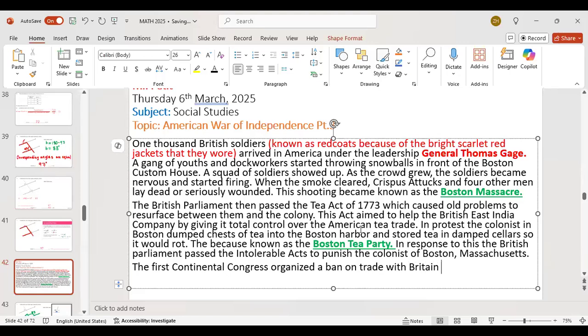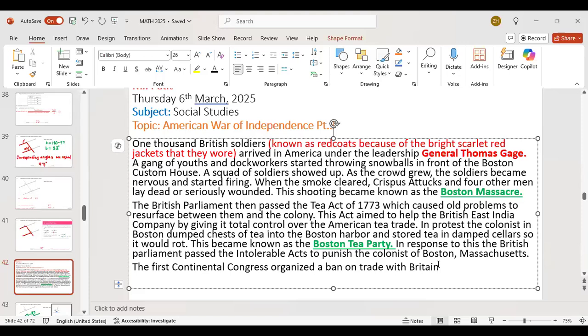This became known as the Boston Tea Party. Now, the first Continental Congress organized a ban on trade with Britain.